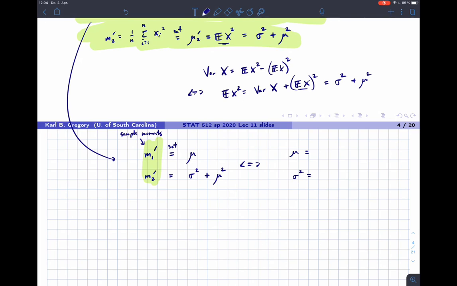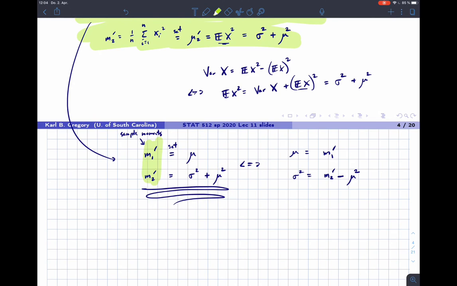So I get mu is just equal to the first sample moment. Sigma squared, if I rearrange this equation, I get this is the second sample moment minus mu squared, subtracting this mu squared from both sides.